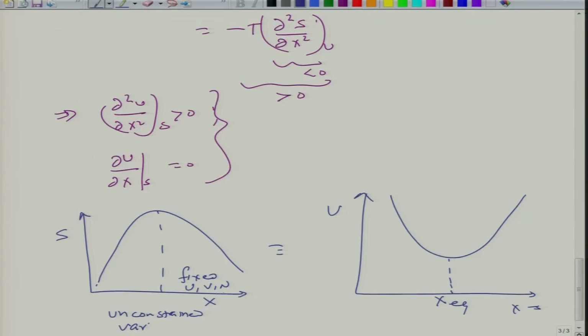So, this is x, for a fixed s, v, n. Okay. So, this is something which is equivalent, that is something which we have just derived.